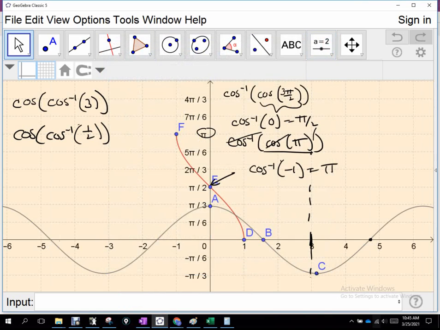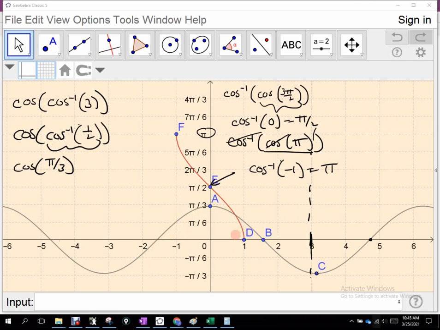So I find 1/2 on the cosine inverse, and that's going to give me back pi over 3, right? So now the question would be, this thing goes to pi over 3, what is cosine of pi over 3? So now I'm going to go to the cosine and find pi over 3.